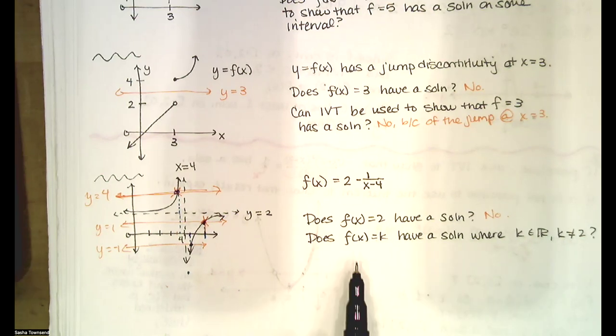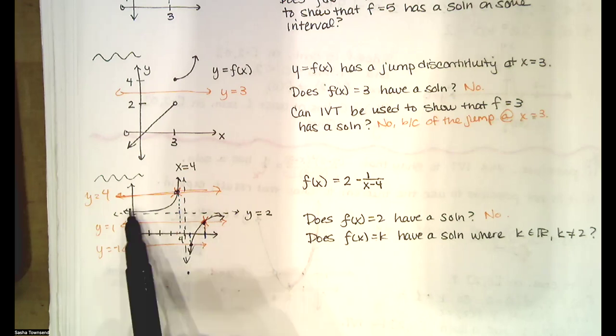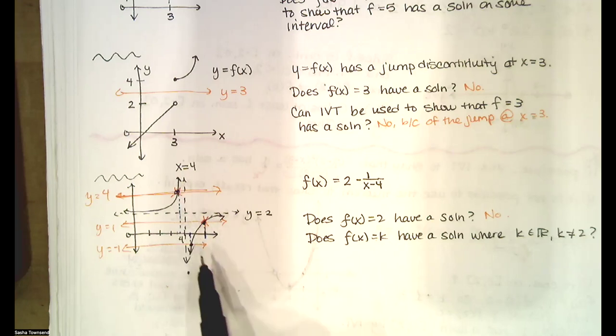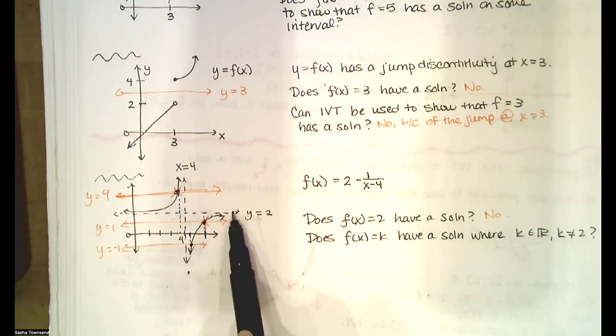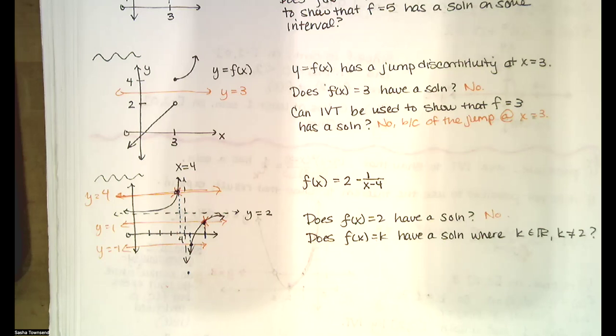And we can use the intermediate value theorem to show that because f is continuous on the interval from negative infinity to 4 and the interval from 4 to infinity. So we'll always be able to use the intermediate value theorem in those cases. We just have to be careful about including that x equals 4 in the interval. x equals 4 is an infinite discontinuity.